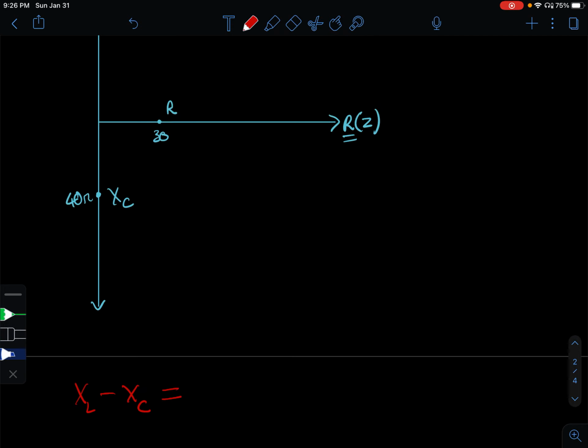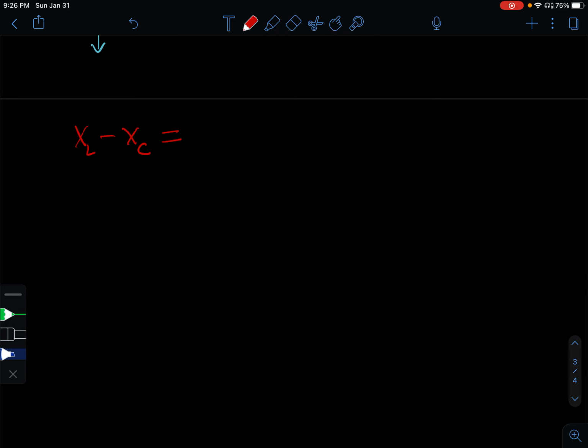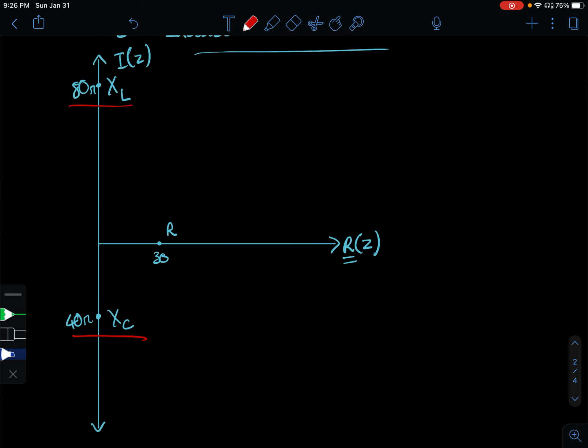And in this case, XL is 80 and XC is 40. So 80 minus 40 gives us 40 ohms of total reactance. This is the total reactance of this AC circuit. So now we're going to graph this 40, which is going to be right up here. Now, this is the total reactance X.